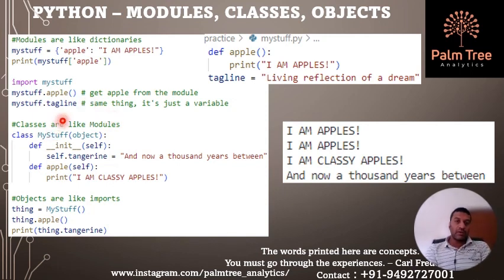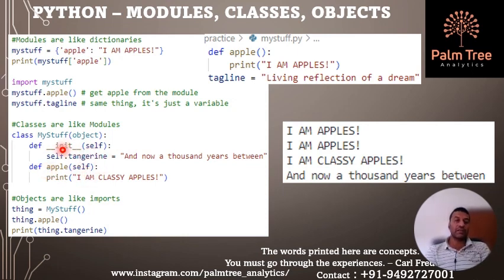Then we go with the classes. Classes are like modules. So far we covered modules, which you understood like dictionaries, right? So now classes are like modules. Whenever we are defining a class, we use the class keyword and then the class name and then the object. Then we initialize whatever variables are supposed to be in this class and the corresponding functions.